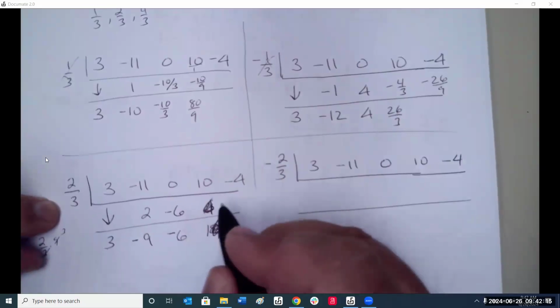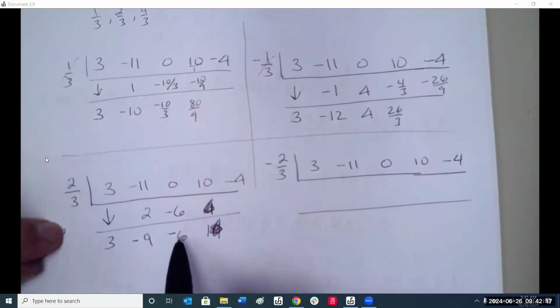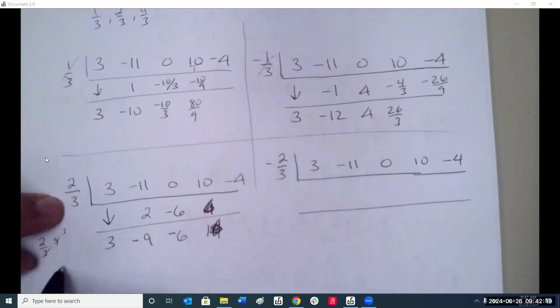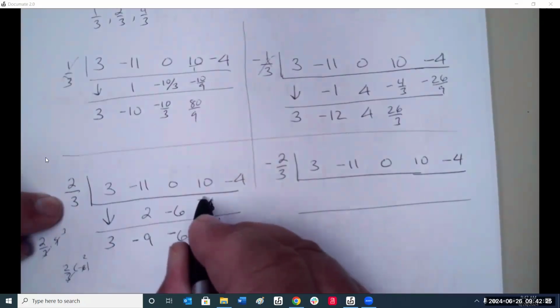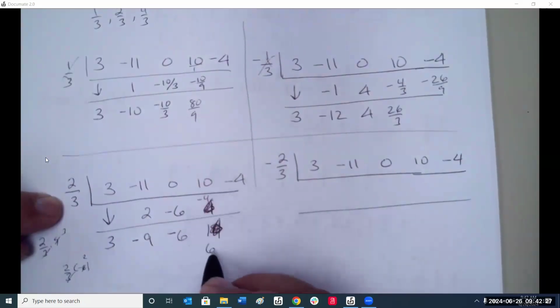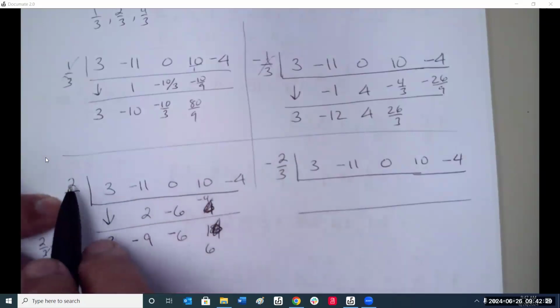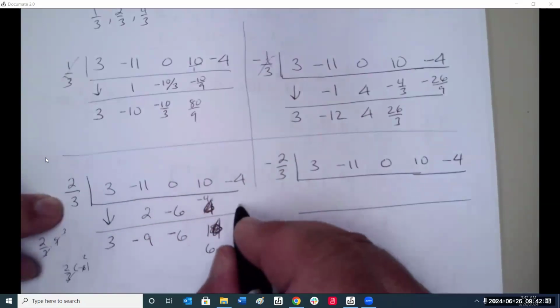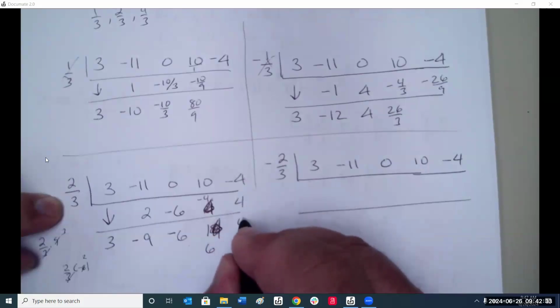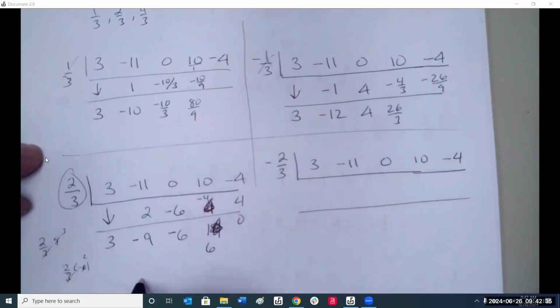This one may work. Hold it. So then we have negative 6 times 2/3. So it's negative 4. 10 minus 4 is 6. 2/3 times 6 is 4. So the first answer is x equals 2/3.